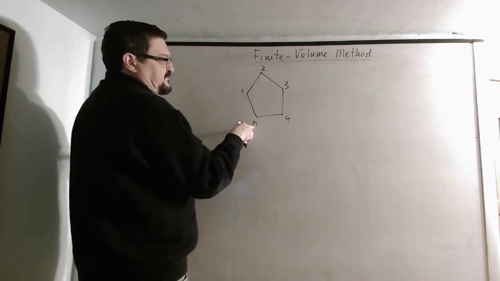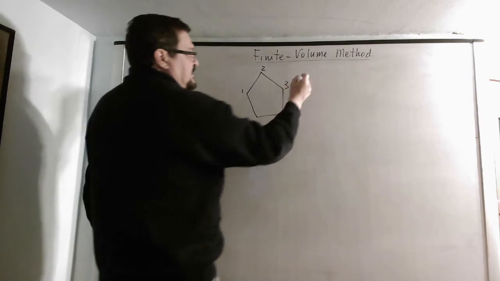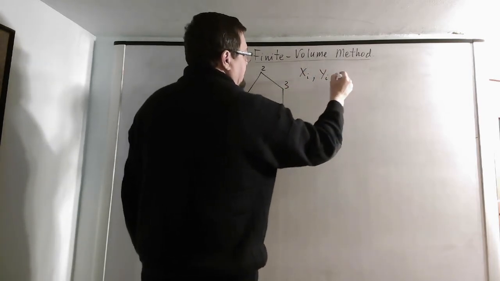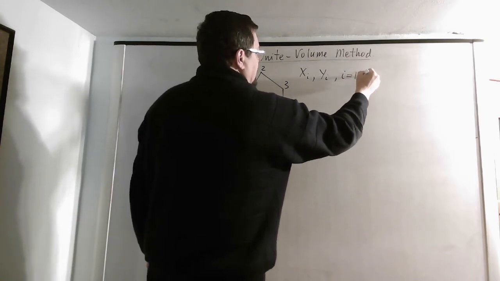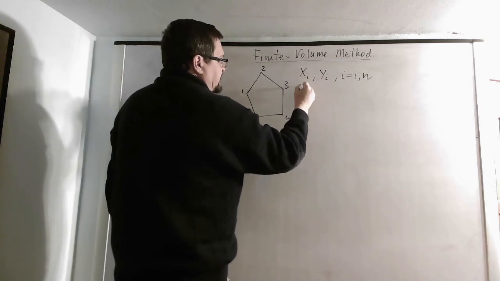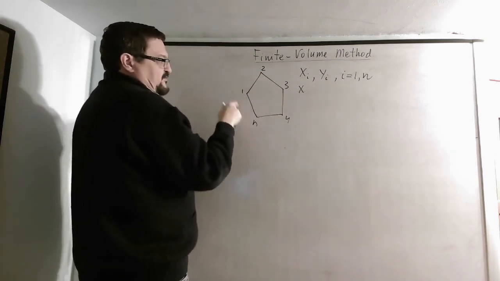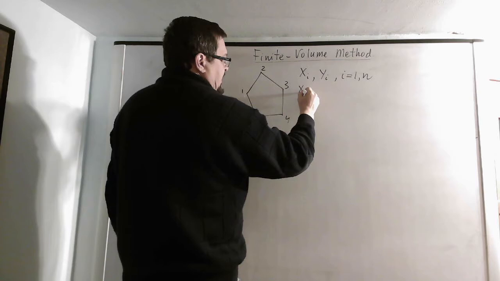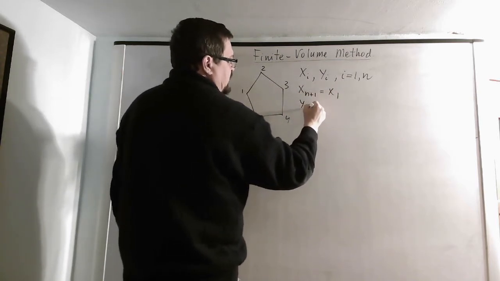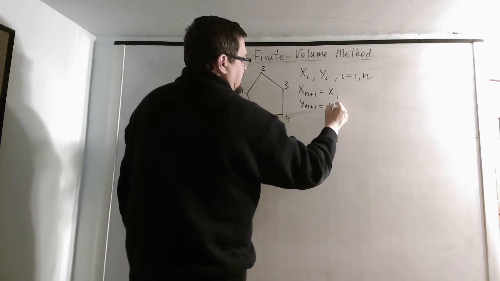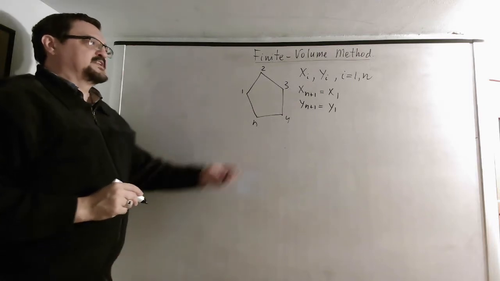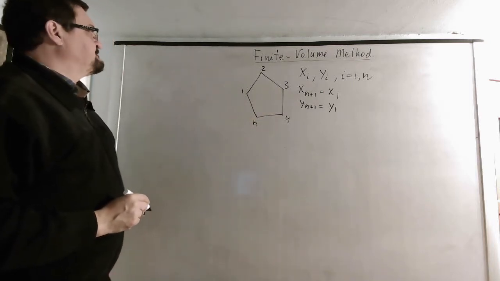In this case n is 5, but if it's a triangle it's 3. So we assume that we have coordinates x_i, y_i for i from 1 to n. And also x_{n+1} equals x1, and y_{n+1} equals y1. We will need it when we write the general formula. It's almost like a periodic domain.